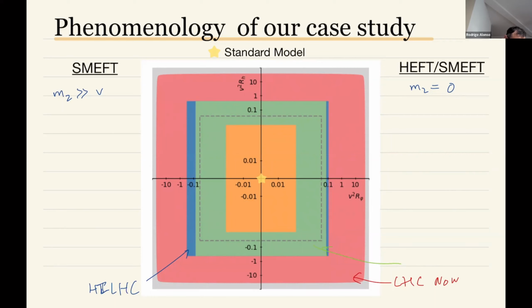That's a terrible color. FCC, for example. So we will be closing in further and further on the standard model. And this is just a visualization of this experimental bound.